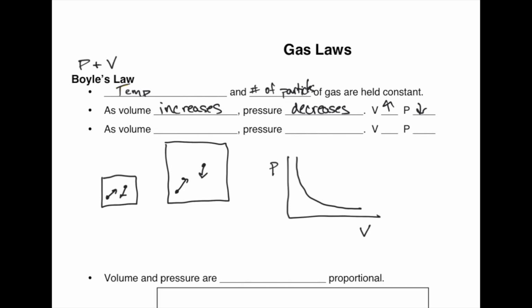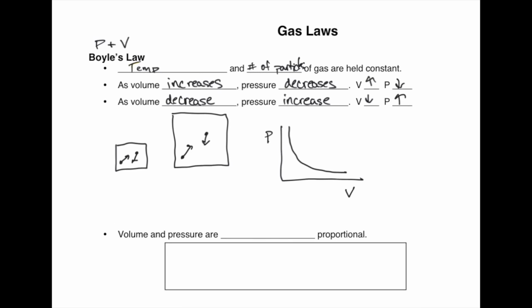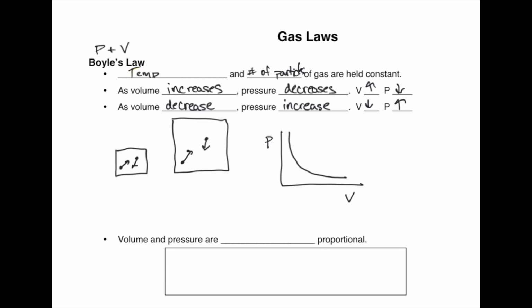And then the inverse is true too. So as the volume decreases, if we were going from the larger volume to the smaller volume, the pressure would then increase. So volume is decreasing, the pressure is increasing. Right? And so this is what we call an inverse relationship. So volume and pressure are inversely proportional.